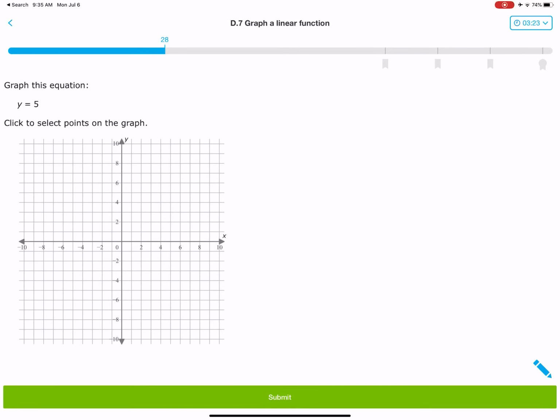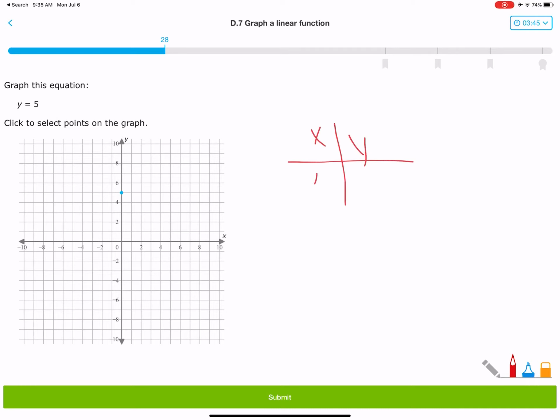Okay? y equals 5. So if y equals 5, I click on the graph. So our y-axis, we click on 5, right? Okay? That means that every other point's going to equal 5. So if our x is 1, let's draw a t-chart, x, y.